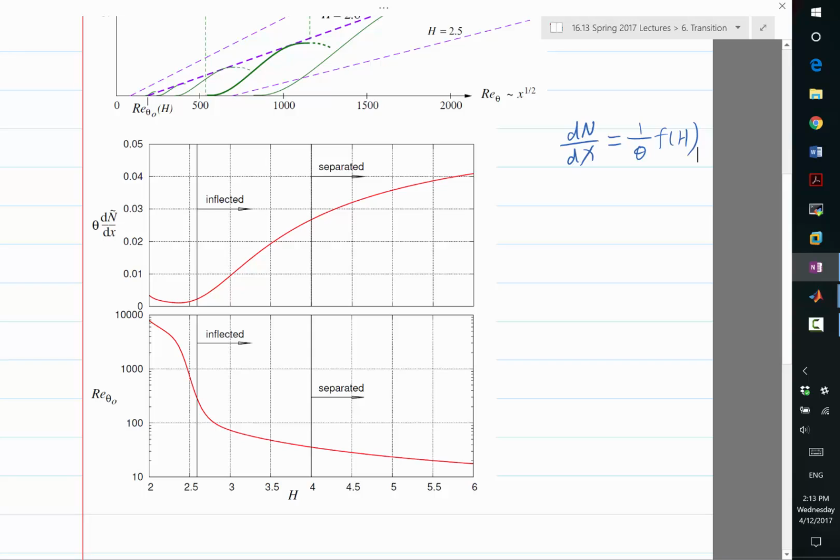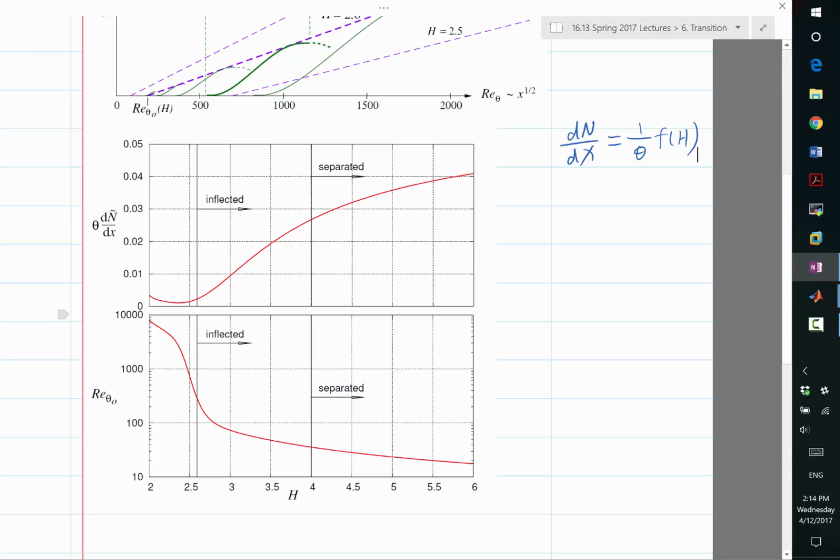This is the f of H. So here is the Blasius boundary layer, and you can see the rate of growth is very small. It's about 0.001 to 0.002, and as you go towards separation, the rate of growth increases a lot. It doesn't seem like much, but remember, this is on an exponential scale. A rate of growth 10 times larger means you are going to transition within only 10% of the distance compared to a Blasius boundary layer.